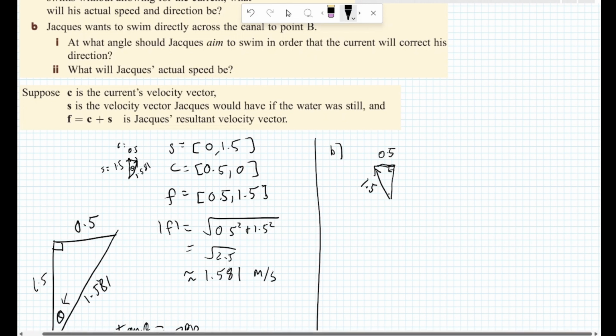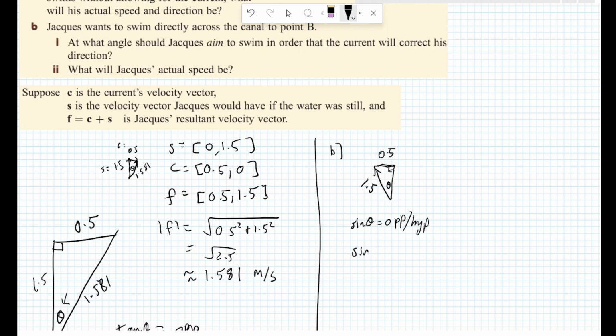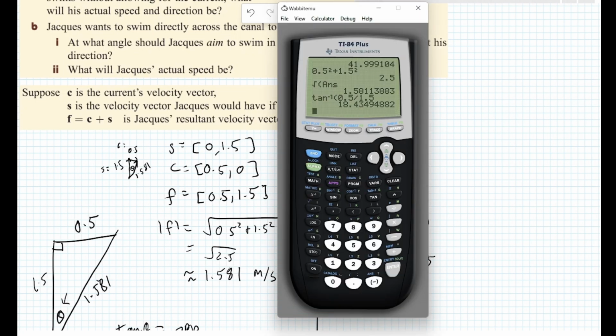So that's enough that we can actually figure out the angle, because the angle we want is this angle here. So now I've got opposite and hypotenuse. So sine of theta equals opposite over hypotenuse. That can actually work out. Sine of theta equals 0.5 over 1.5. So we're going to do inverse sine of 0.5 over 1.5, and you're going to get 19.471.